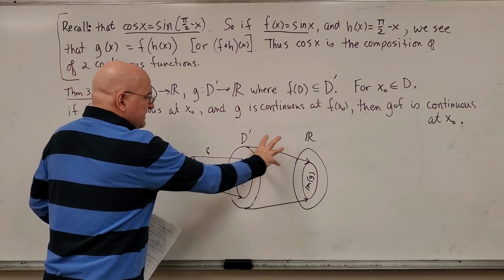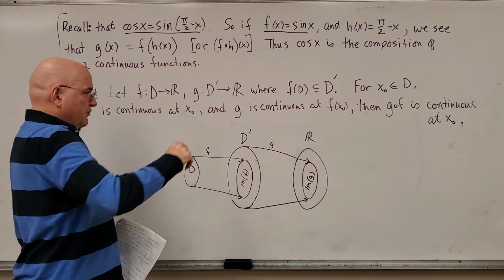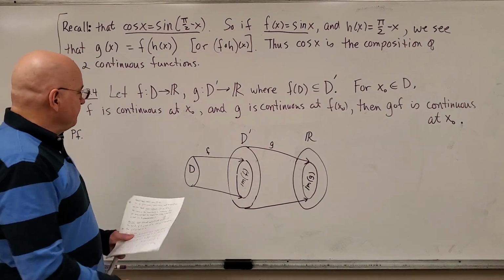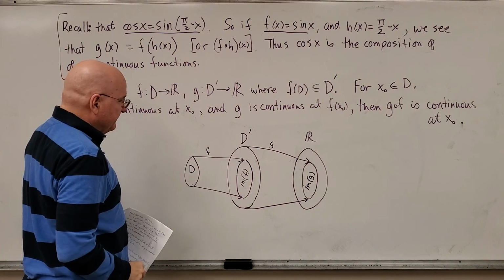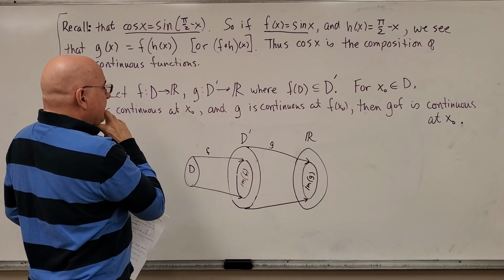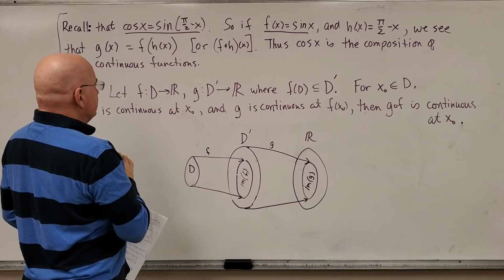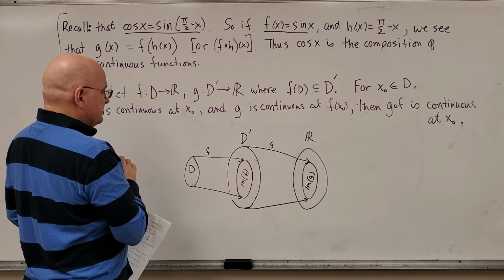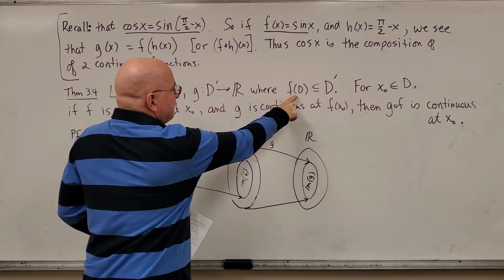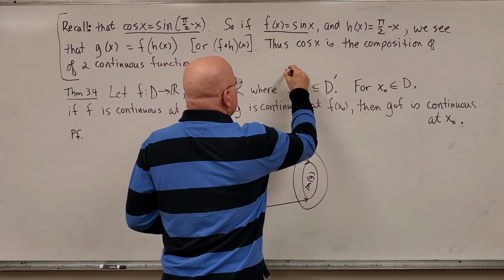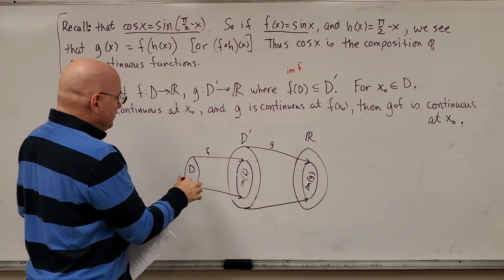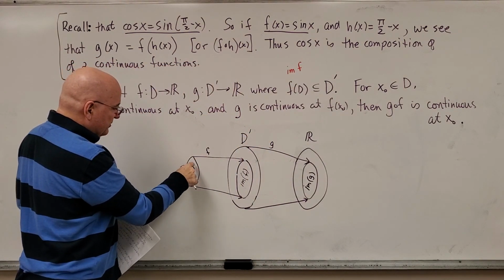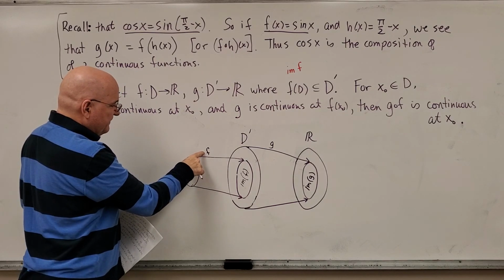But all three of these sets pictured by these oval shapes are subsets of the real numbers. This is our domain D, the domain of the function f, and it maps into f of D, which we have also called the image of f. It's the set you get when you map all of these numbers by function f.